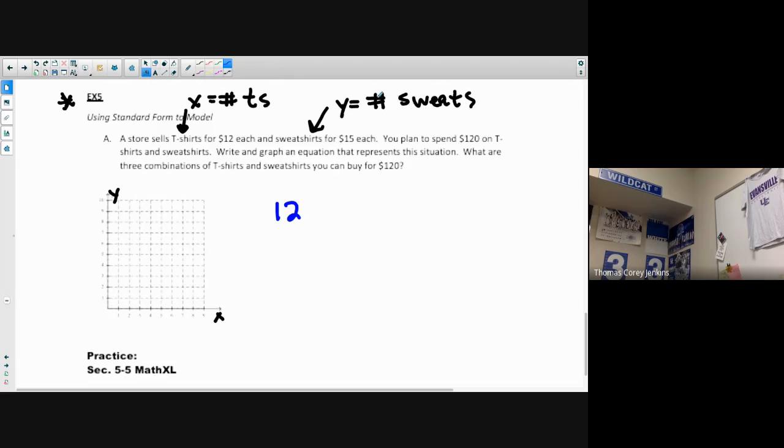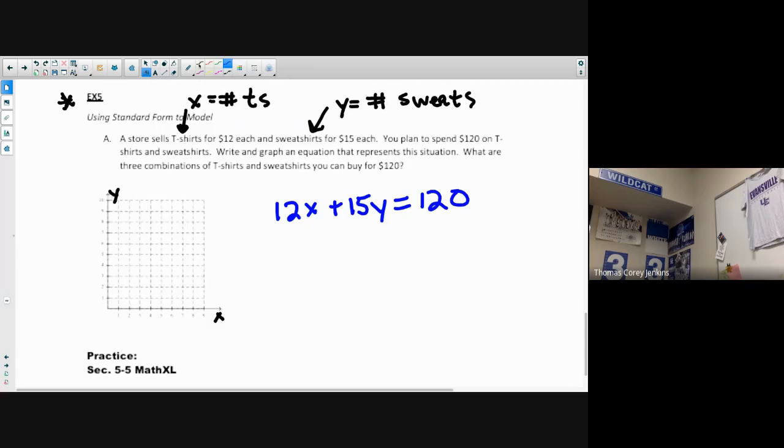Then you could probably guess the next term is plus 15y. So that's my expression for any number of t-shirts and sweatshirts I buy, and we want to set that equal to 120, which is the money we want to spend.